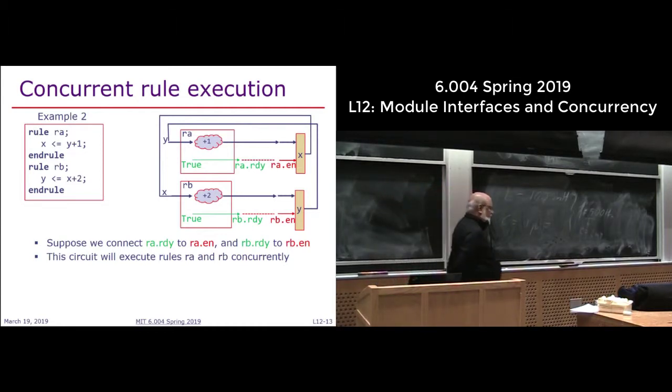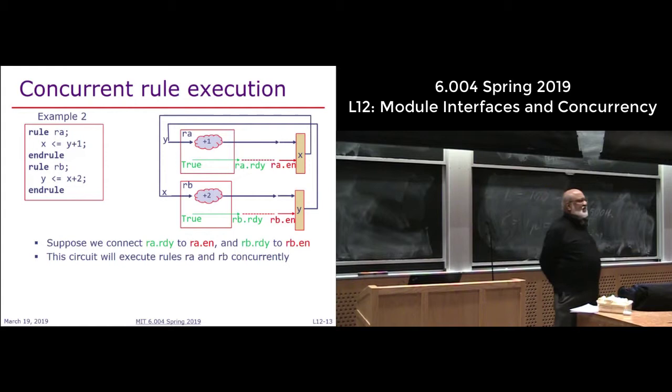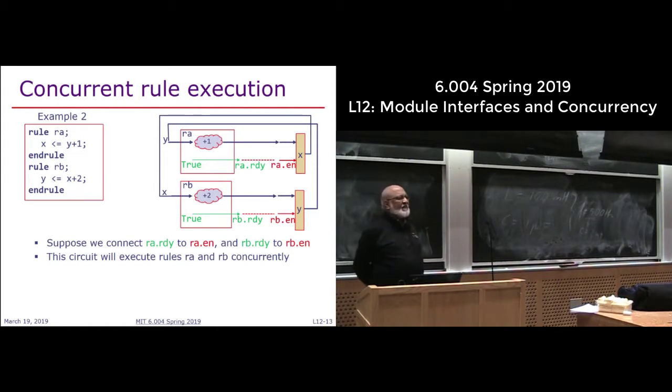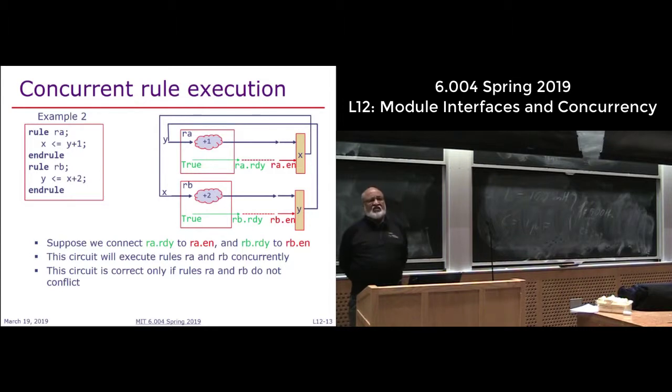Now this is wonderful. What this will do is execute these rules concurrently. If you execute these rules concurrently, this would be correct hardware if rules RA and RB were conflict free, because they would be allowed to execute in parallel.